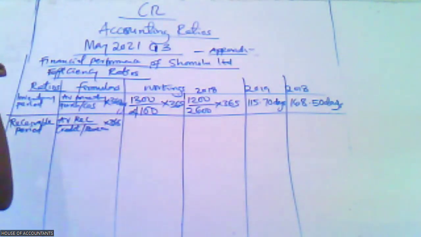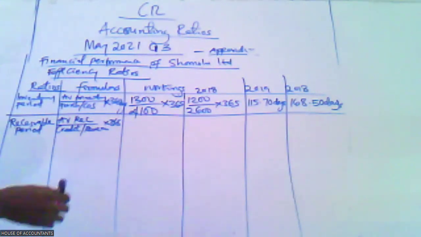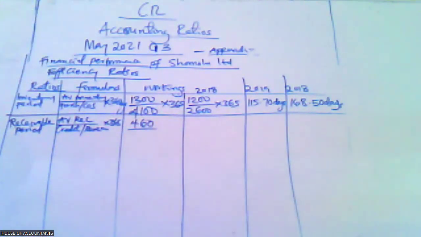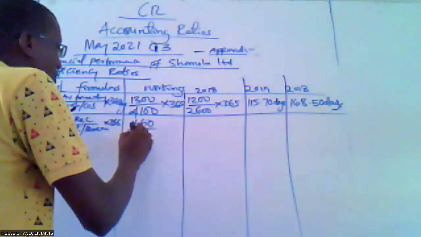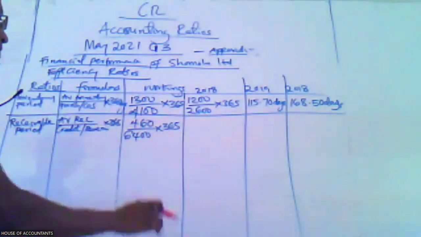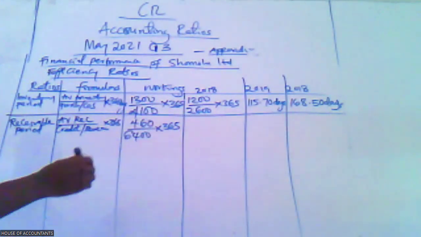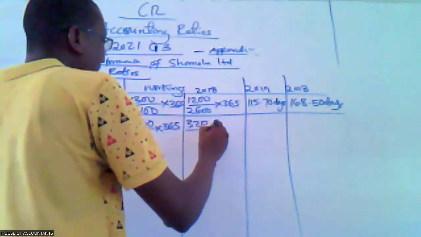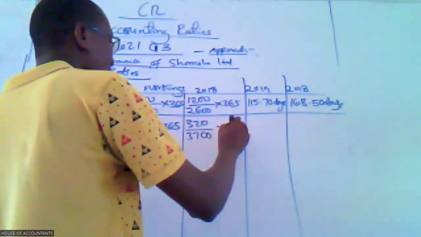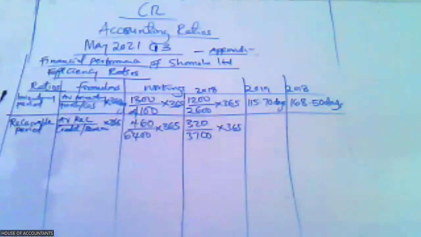People of God, what's our closing receivable in 2019? 460 over what's our credit sales or revenue? 6,400 multiplied by 365 days. For 2018, 320 over 3,700 multiplied by 365 days. What do we get for both?